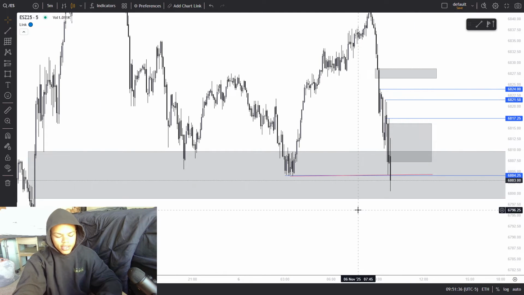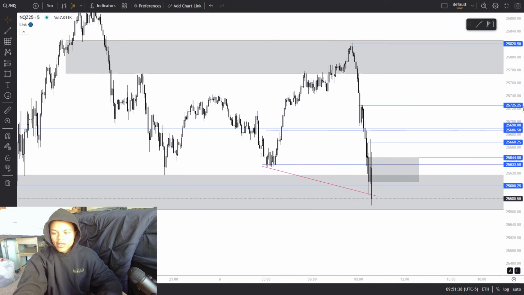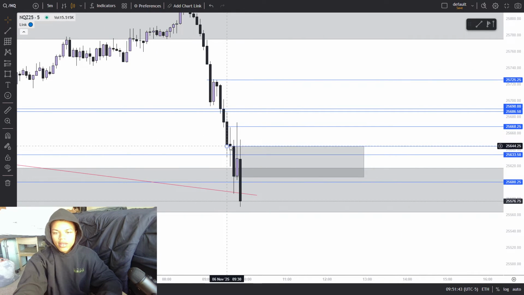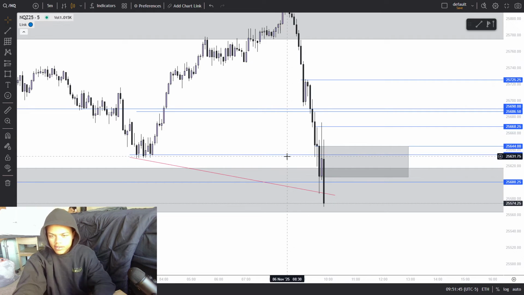Looks like we could be inversing this gap here, which would be nice. Higher time frame gap inversion. We still have these higher time frame or 5-minute equal highs.